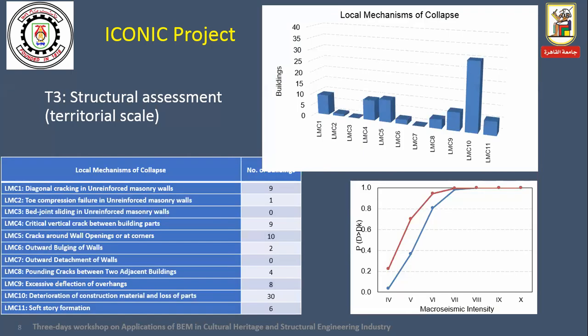For Task 3, we have identified in different buildings the local mechanisms of collapse, whether it's cracking of unreinforced masonry, bed joint sliding, vertical cracks, outward detachment of walls, pounding, or deterioration of construction material. And this is a statistical listing of the different modes of failure and the number of buildings that are susceptible to them.